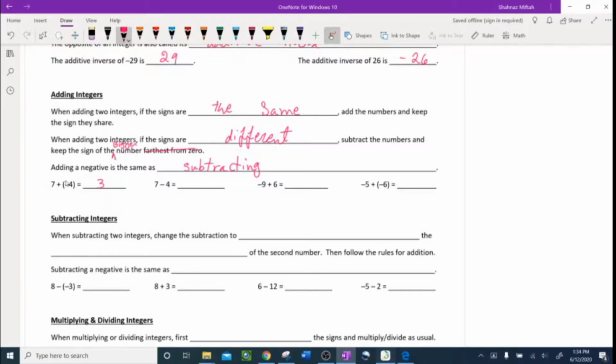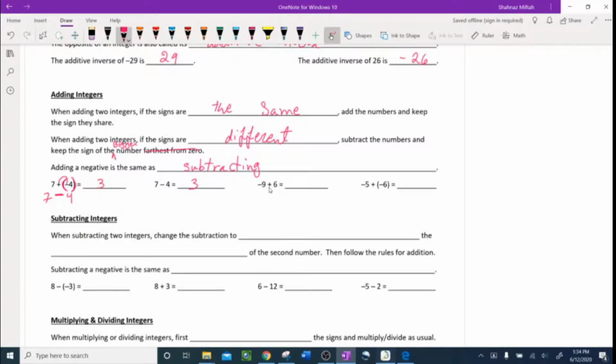Another way to think about it: the parentheses mean multiplication, right? We all know parentheses are multiplication. So positive multiplied with the negative sign gives me negative anyway. 7 subtract 4 is 3.